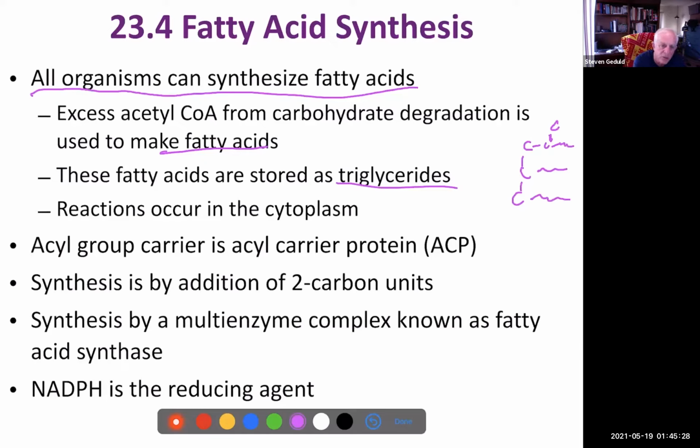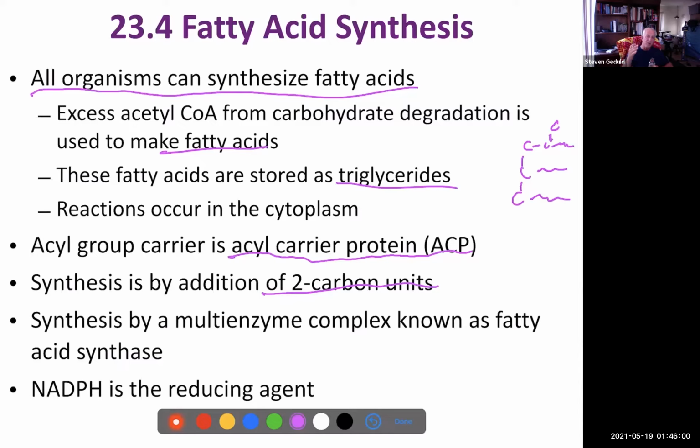The acyl group carrier is acyl carrier protein, ACP. It carries a 2-carbon group. Synthesis is by addition of 2 carbon units at a time. That's why most of your fatty acids are even numbers. So the acyl carrier protein carries a 2-carbon chain to the triglyceride, and it links onto the fatty acid chain that's growing 2 carbon units at a time.